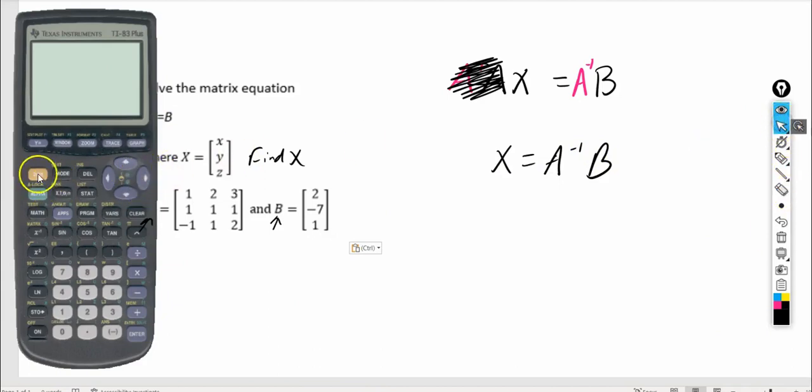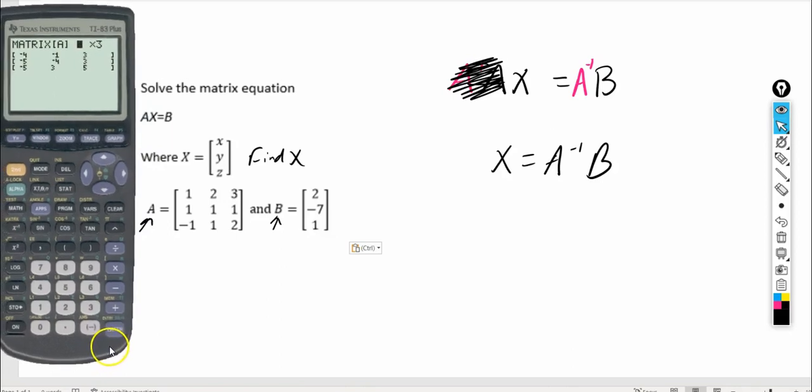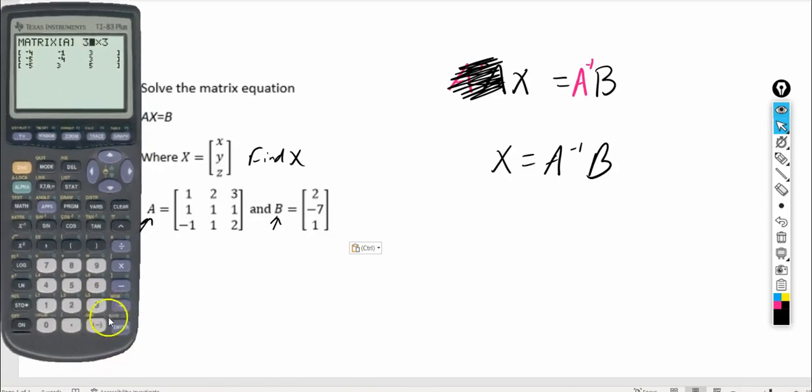So let me get in here. Turn it on. Let's clear that. Get into the matrix menu. Go over to the editor. A is going to be a 3 by 3.